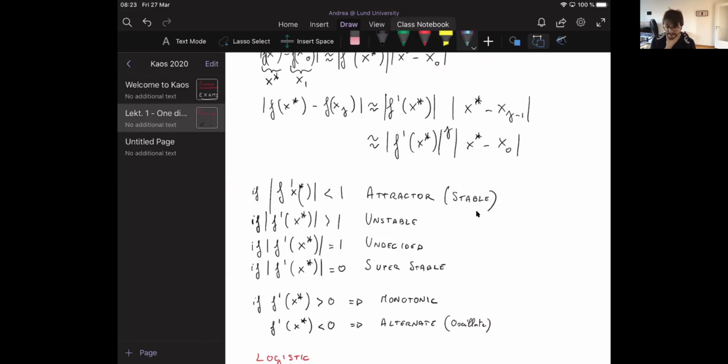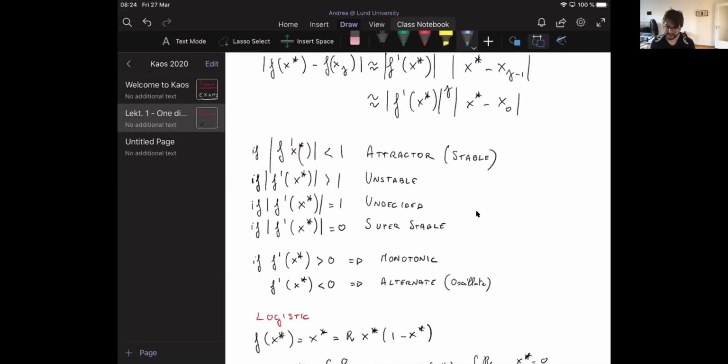Then you have unstable fixed points, where on the other hand, if you are at the fixed point, then it's perfectly fine, you stay at the fixed point. For example, in 0, in the logistic map, if you are at 0, you stay at 0 forever. However, if you have a slight deviation from 0, then the system will evolve in a completely different direction.